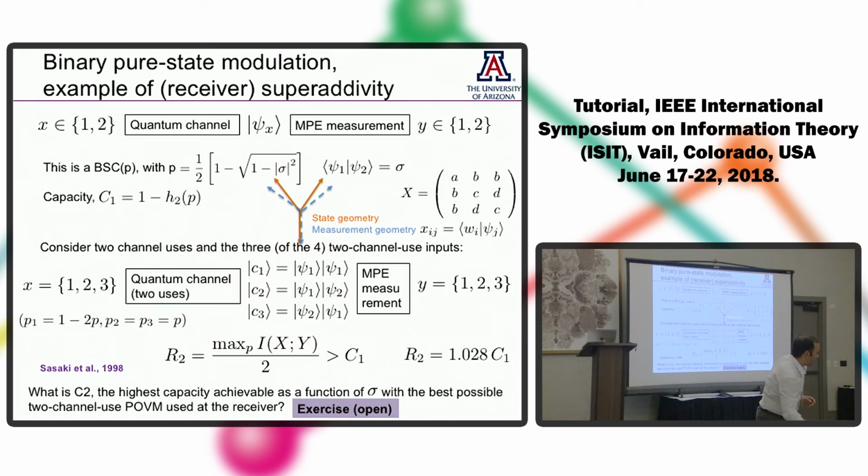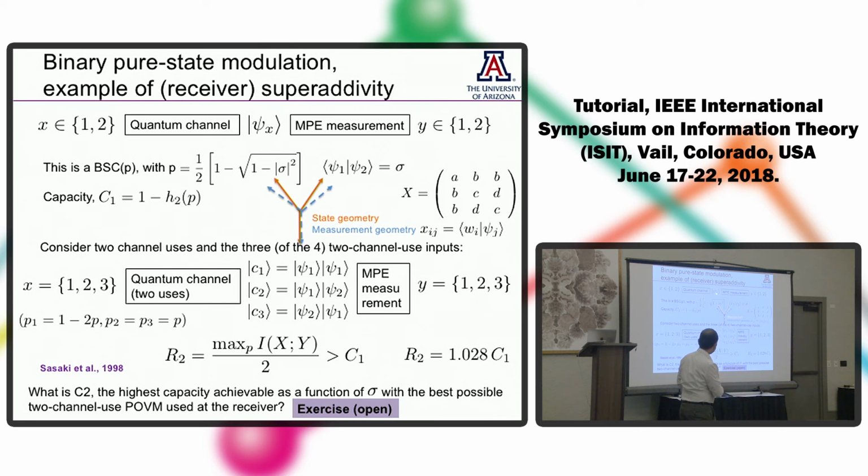So just a couple of things that came up during the coffee break we were just discussing. I just wanted to remind everybody that in this tutorial we are going to ignore the entangled state input part. We are only going to work with product state inputs, because for optical communications over lossy, noisy channels, we don't have to worry about entangled state inputs.